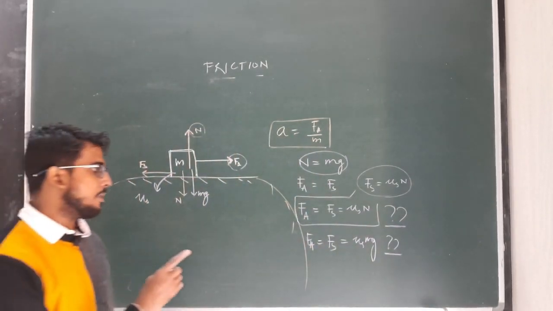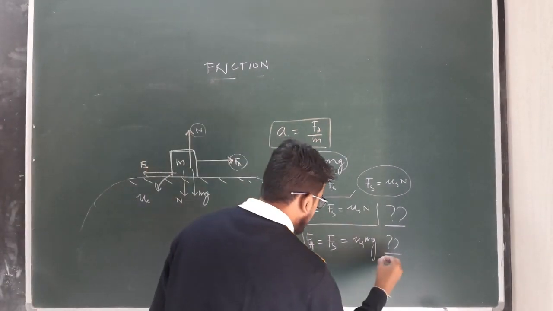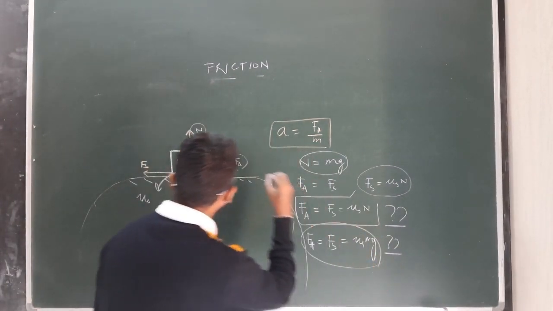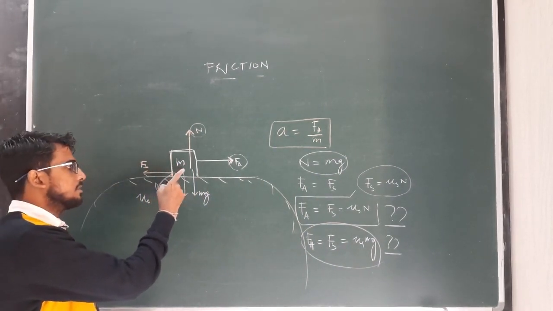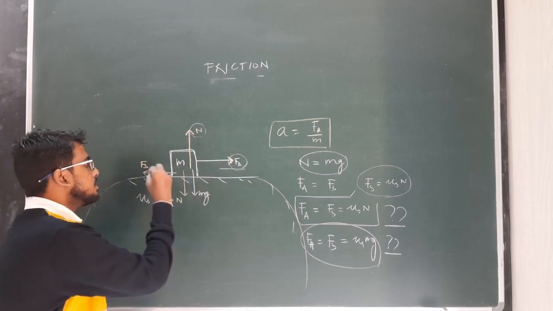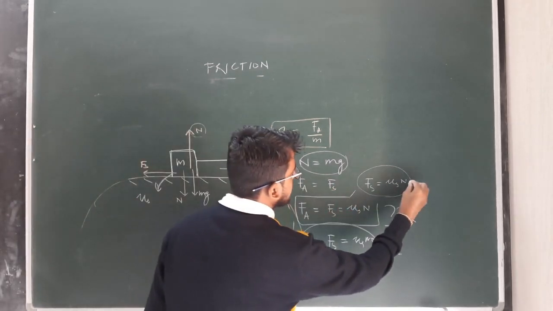No. Okay, you have to remember that in this case, although the system is in equilibrium and at static case, the applied force is not equal to mu s into n.